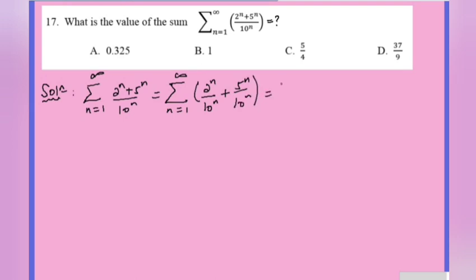Again, this is written as the sum of n starting from 1 up to infinity.